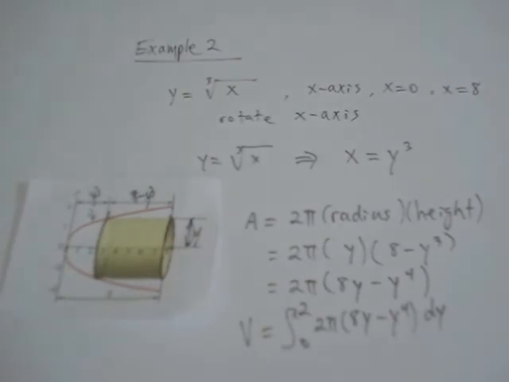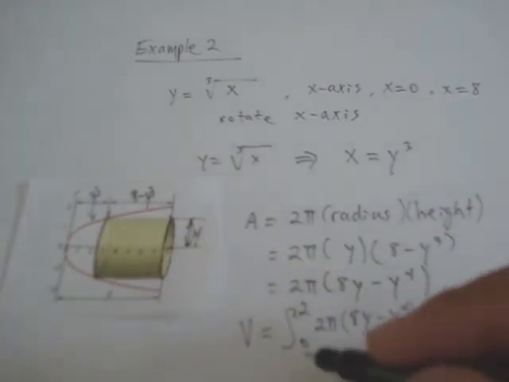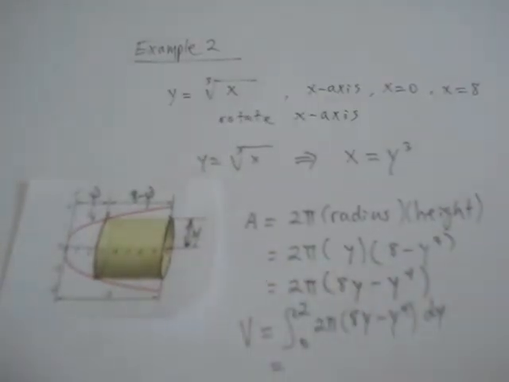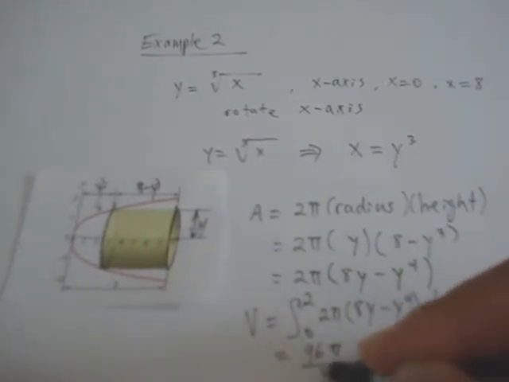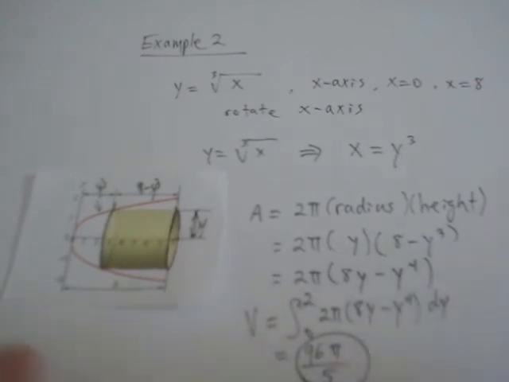And when you solve that integration, you will get, let's see, earlier, 96 pi over 5, and that is the solution.